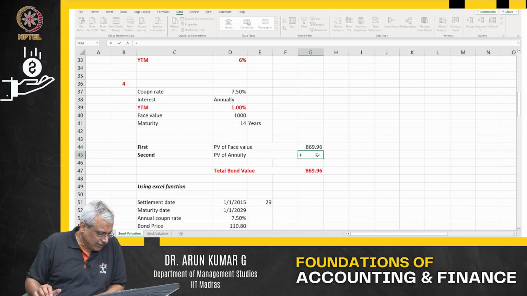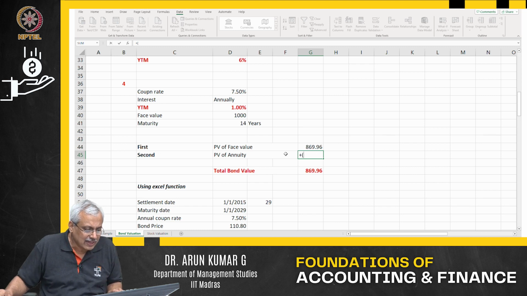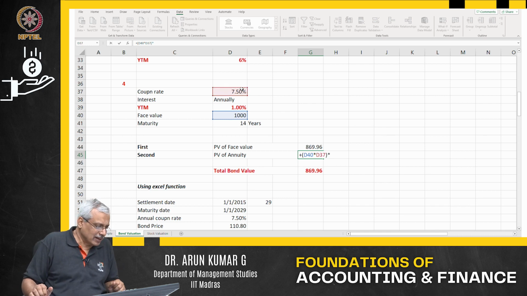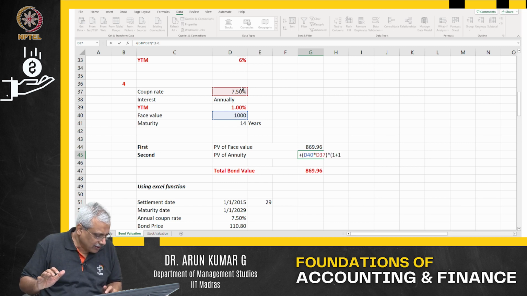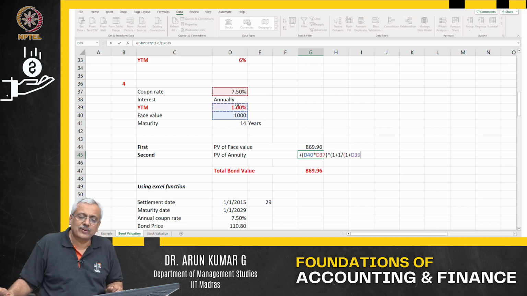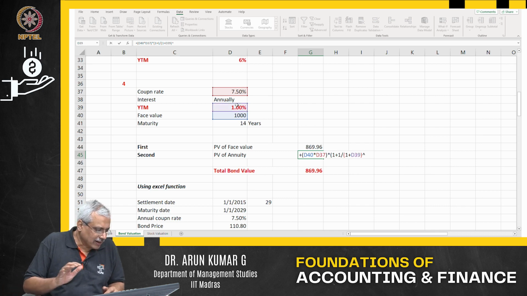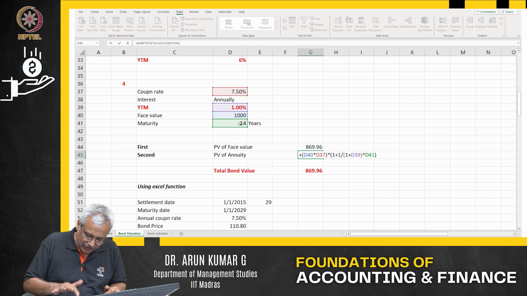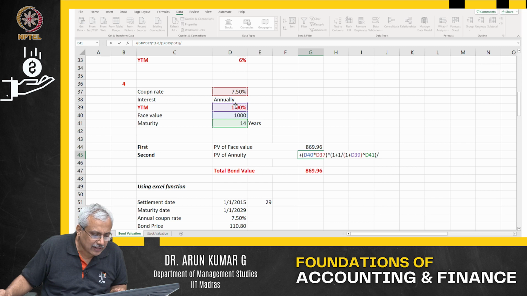PV of annuity we look at in this particular case the face value into the interest rate, that is what is the coupon out here, into 1 minus 1 divided by 1 plus D39, the same cell out there, YTM, to the power of the 14 years out here, and then the bracket close, and the entire thing divided by the YTM.